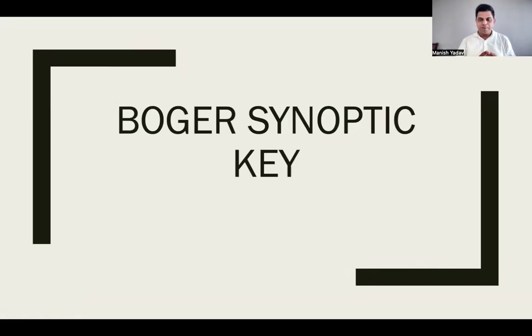A lot of people, even I, use BBCR a lot in my practice because it is very handy and very useful and has more search. But yes, Boger Synoptic Key is also one of the books that we should keep in mind, and in some cases it can definitely be of great help.